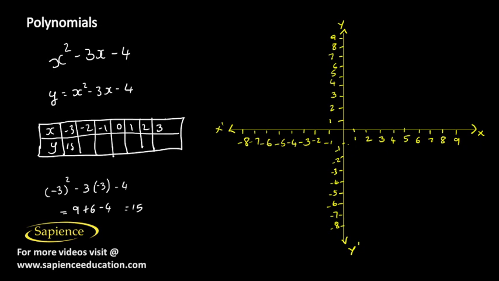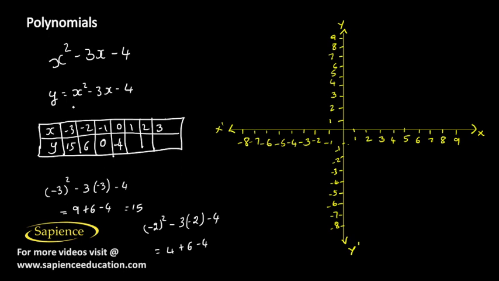So y is 15. And for minus 2 we are getting minus 2 whole square minus of 3 into minus 2 and minus 4. This is equal to 4 plus 6 minus 4, which is 6. And when we substitute minus 1 we are getting plus 1 plus 3, which is plus 4, and minus 4, which is 0. And when we substitute 0, we are getting minus 4.